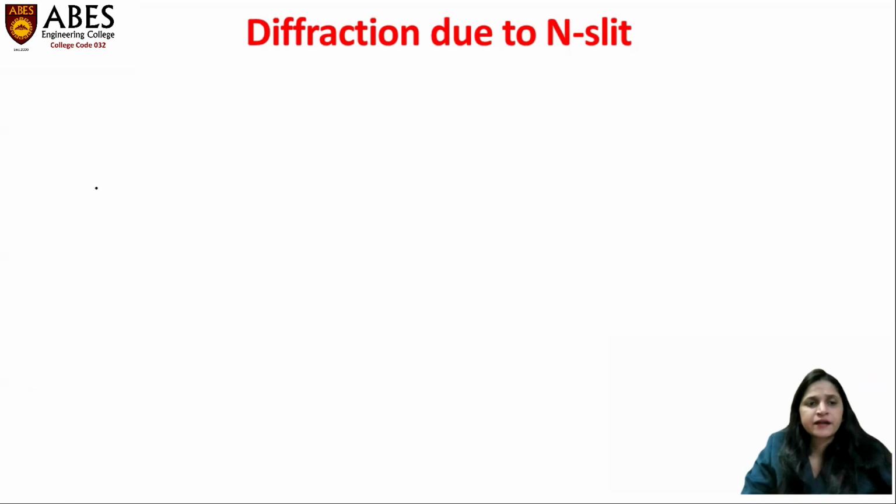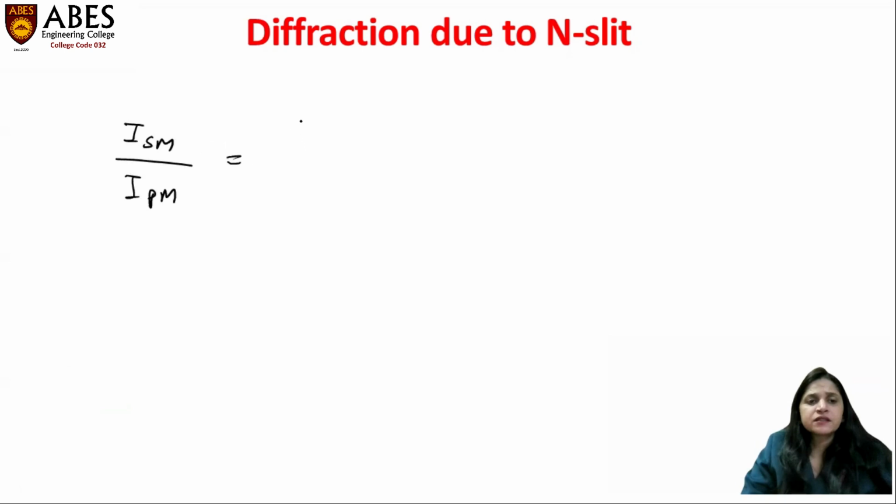Let us check that. If we take the ratio of principal maxima and secondary maxima, I hope we can get the value out of it. So let us take the ratio of intensity of secondary maxima due to n slit and intensity of principal maxima due to n slit.